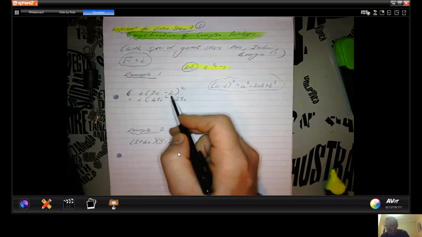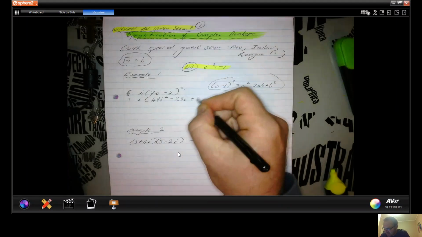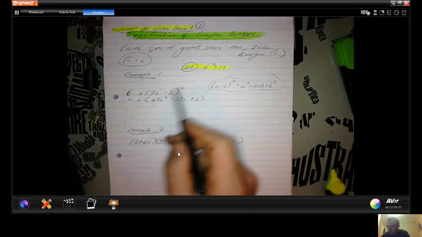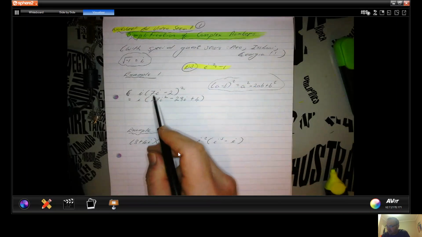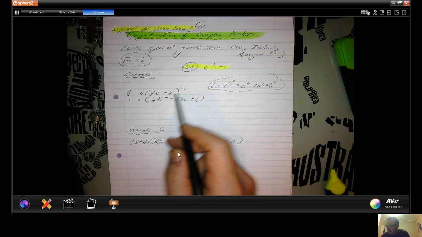So 7i times -2 is -14i, times 2 is -28i, and then -2 squared is plus 4. So I'm just following that pattern: 49i squared minus 28i plus 4.